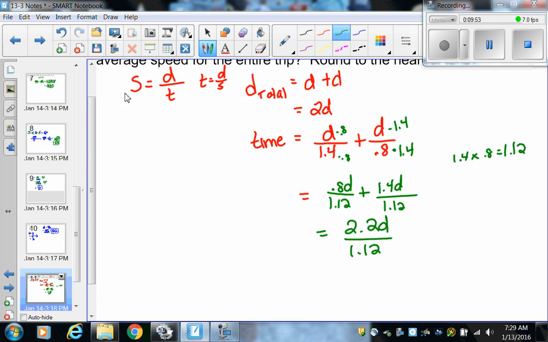Then if we go back to our main speed formula, we have that speed equals the distance was 2d divided by the time, which was 2.2d divided by 1.12. And then now we know to keep the top the same, so the top is really 2d over 1, if you need to put that there, times, flip the denominator.